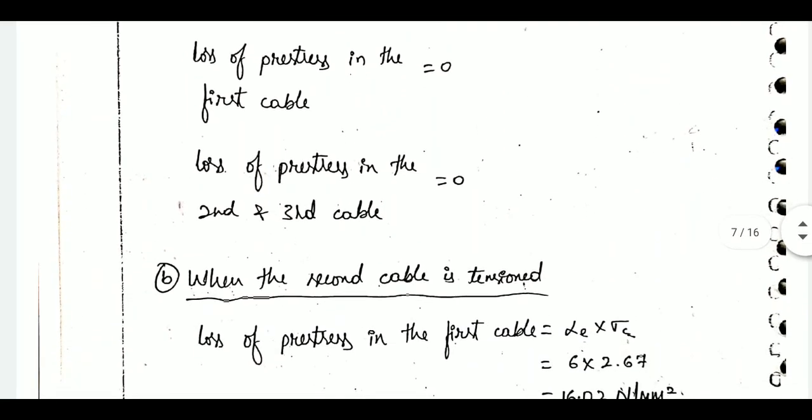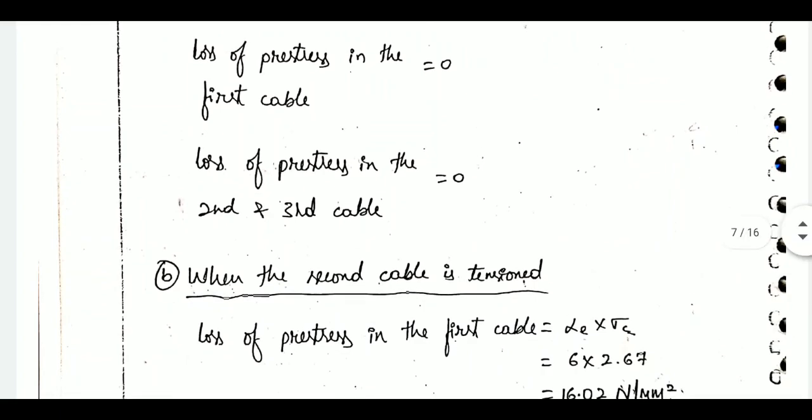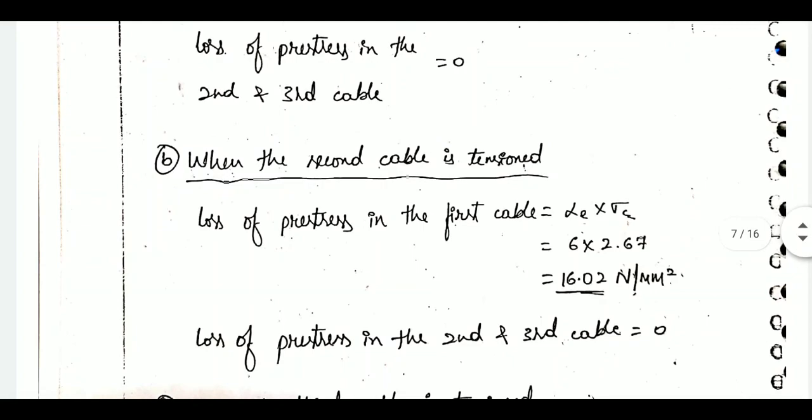Next, when the second cable is tensioned, here is the important thing you need to remember. When you stretch the second cable, first you need to fix the first cable to which we applied the tensile stress, then you come to the second cable. While fixing, a certain amount of stress will be lost.